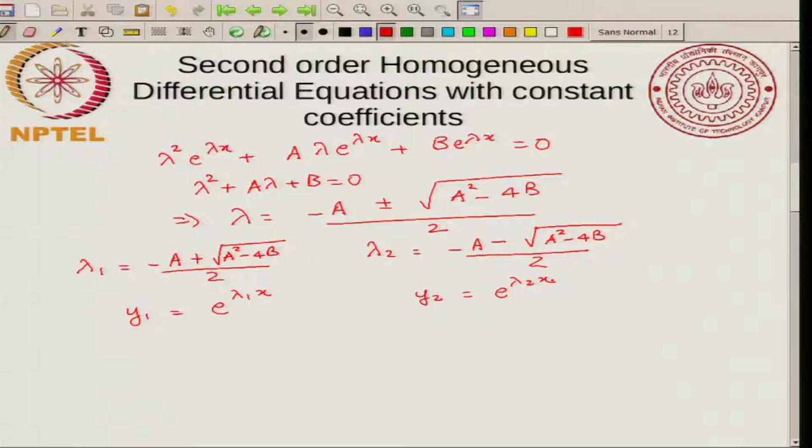Now, if lambda 1 and lambda 2 are distinct, then these two solutions are linearly independent. So if lambda 1 not equal to lambda 2, then the solutions are linearly independent.